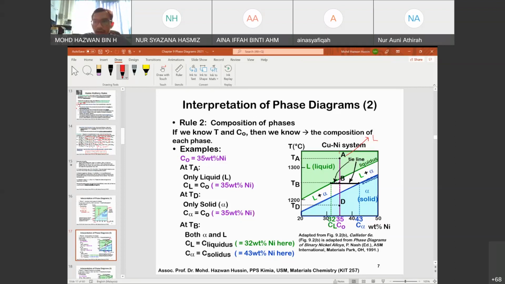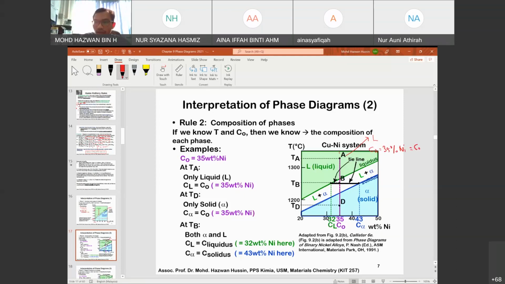So the composition of liquid, CL, let's say this is A, will be the same as the initial composition, C0. So it will be 35% nickel. Why is it similar to the initial composition at point A?